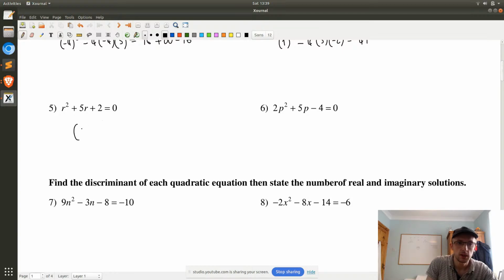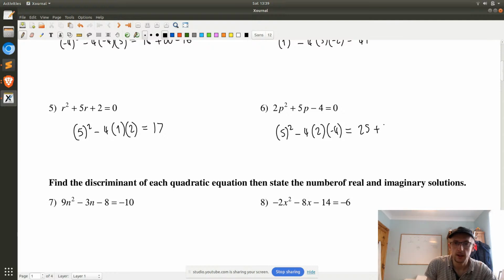B squared minus 4 times a times c, so 25 take 8, so 17. B squared minus 4ac, so 25 add 32, so 57.